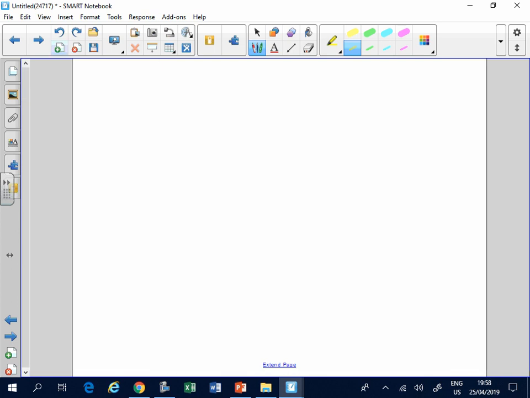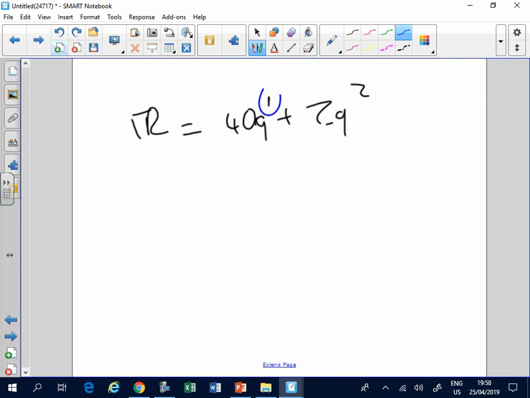Has anyone ever seen what differentiation looks like? Okay, so everybody virtually said yes. Total revenue, and I'm going to need to make something up, is say 40q plus 2q squared, or whatever it's going to be. Technically there's a hidden exponent there.